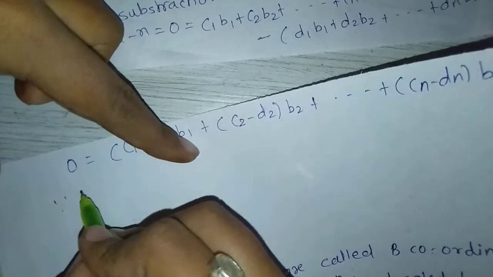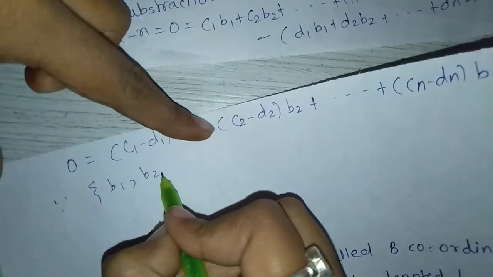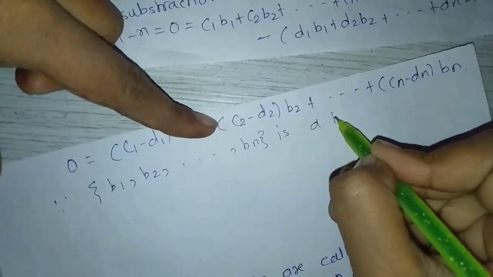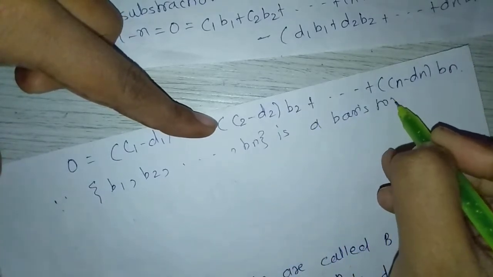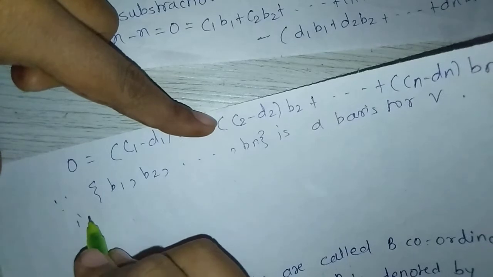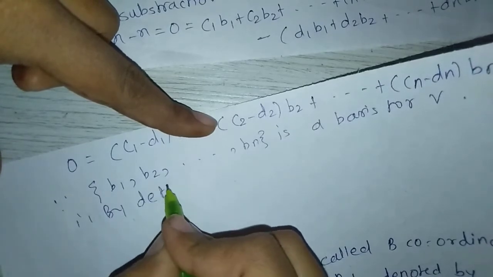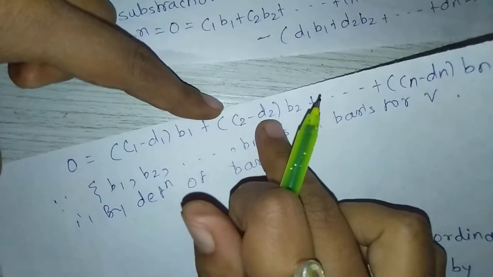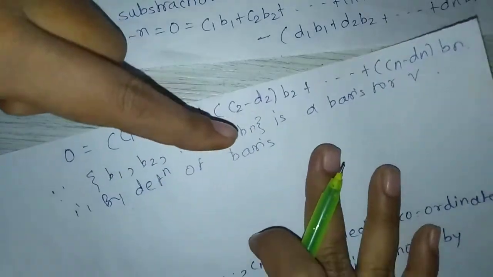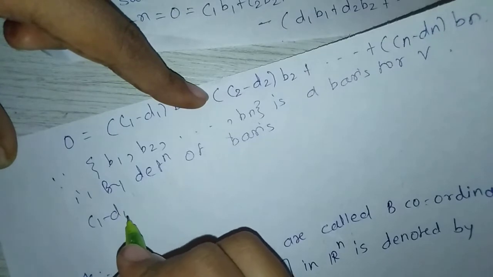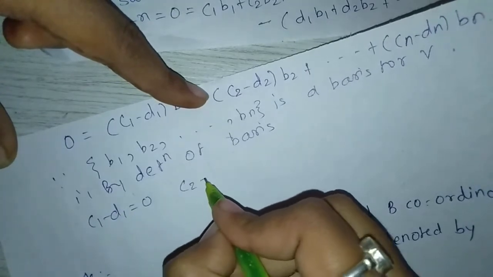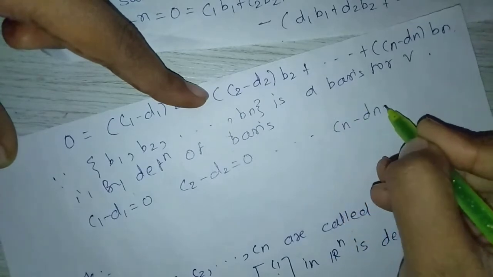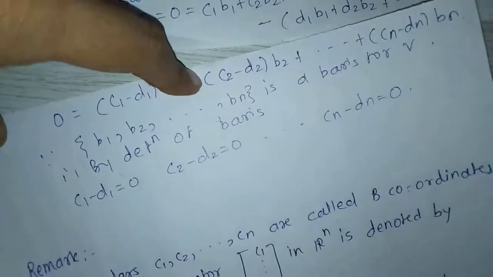Since B1, B2 and so on Bn is a basis for V, therefore, by definition of basis, the constant values equal 0: C1 minus D1 equals 0, C2 minus D2 equals 0 and so on Cn minus Dn equals 0.